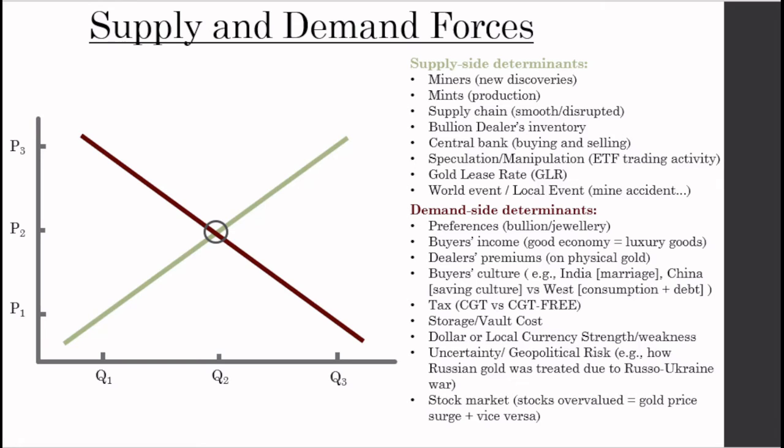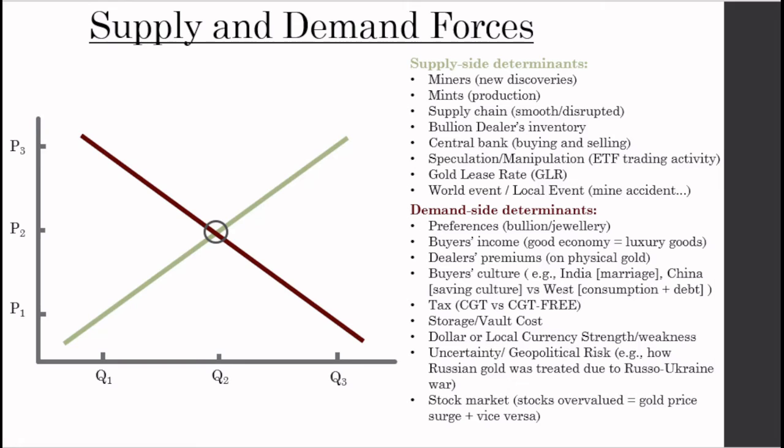If disposable income in the economy is high and the economy is going good, luxury goods purchases are going to increase, and gold is included in that, of course, which can bump up the price slightly and also compensate for the lesser amount of investment demand as well.